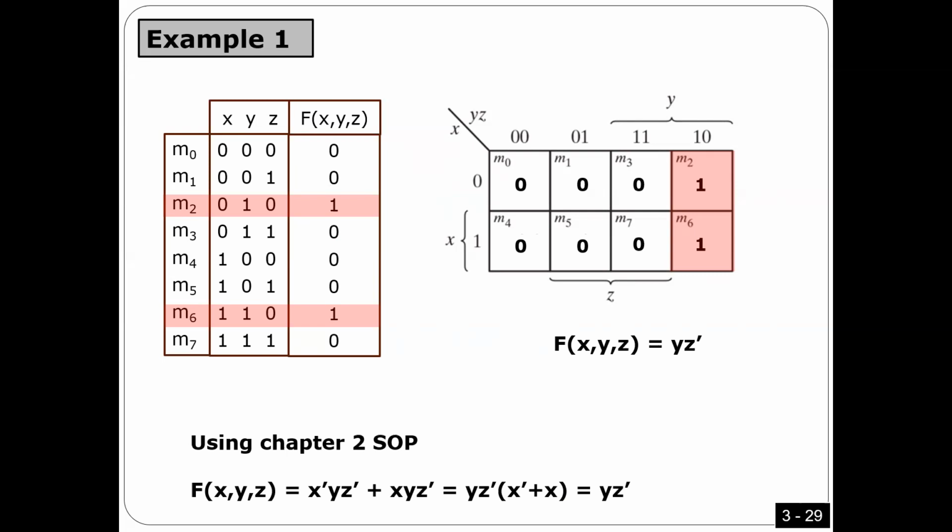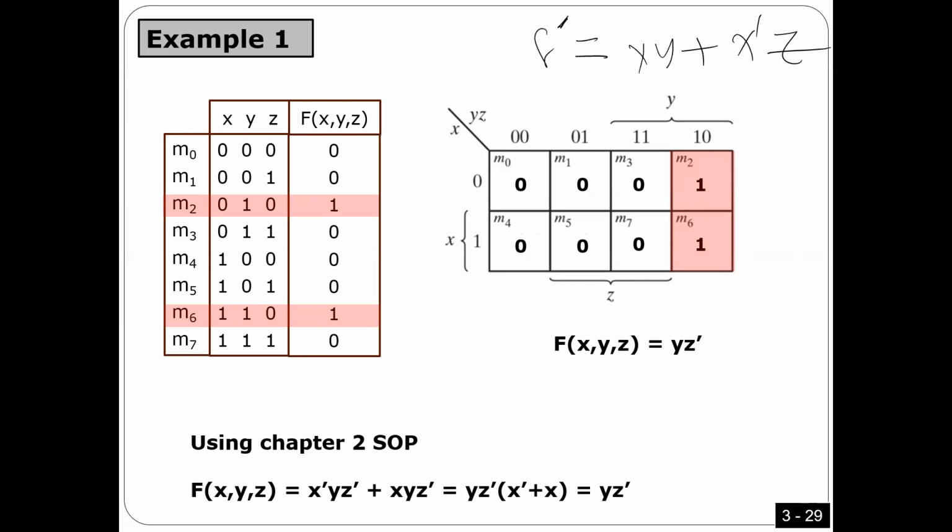So I'm gonna get f prime, for example, equal xy or x prime z, something like that. So instead of simplifying f, I'm gonna simplify f prime in sum of product. Similar to what I did here, but instead of working on f, I'm gonna work on f prime. If you do that, you will get f prime in sum of product.